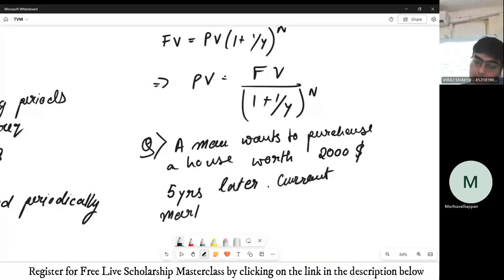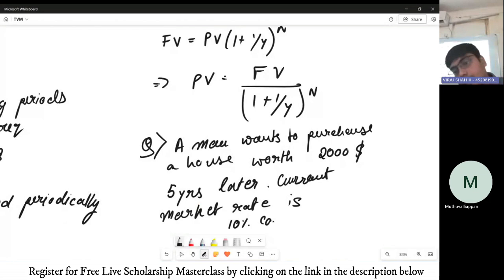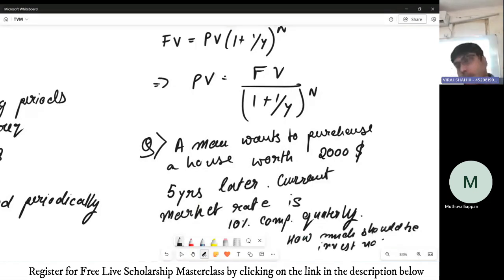Current market rate is 10% compounded quarterly. Current market rate is 10% compounded quarterly. How much should he invest now? Clear? How much should he invest now?